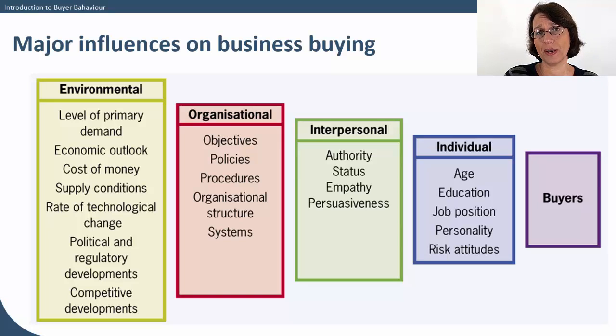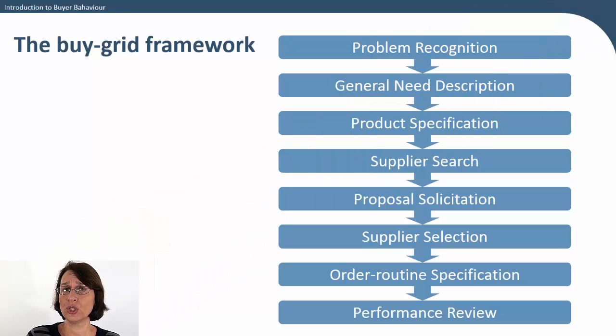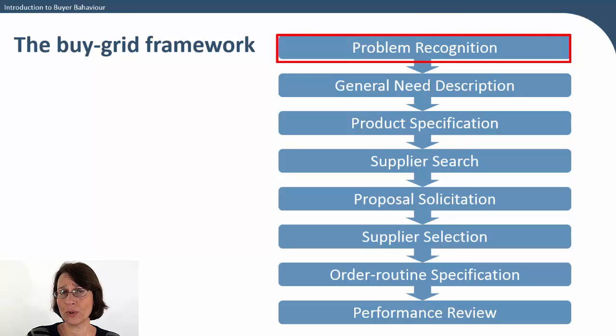So business buying, by its very nature, is a lot more complex than consumer buying. And as we can see here, the consumer process was 5 stages. Here, we've got more like 8 stages. Because the business process is a lot more complex, it actually starts with a problem recognition rather than a need recognition.